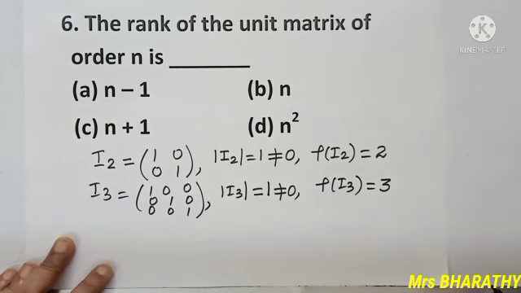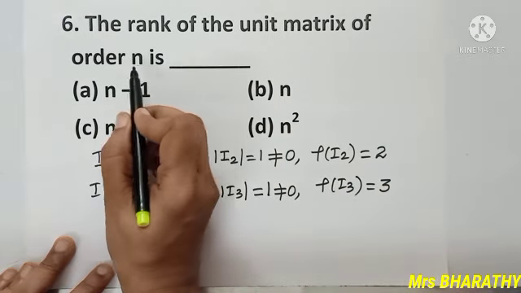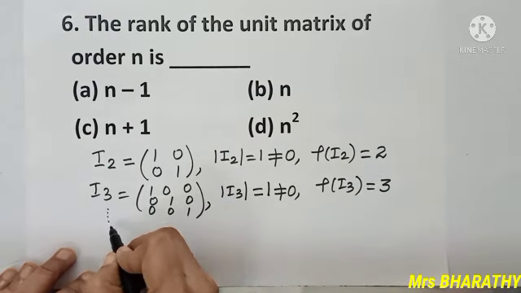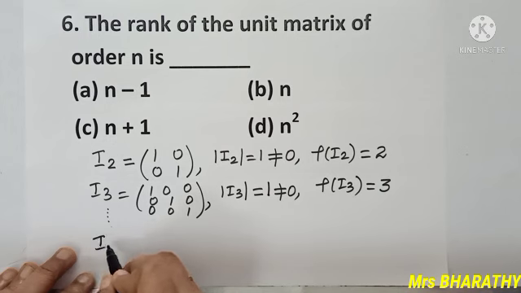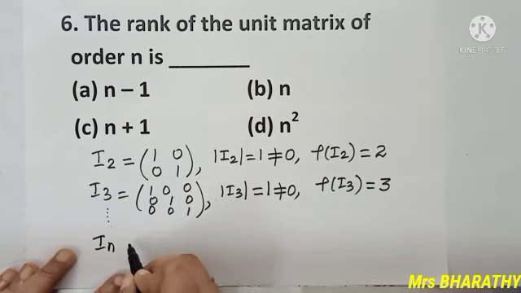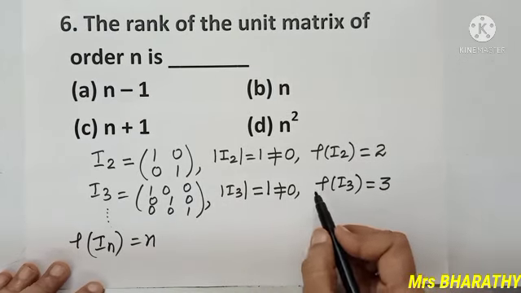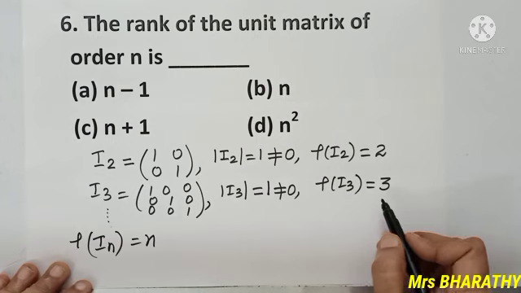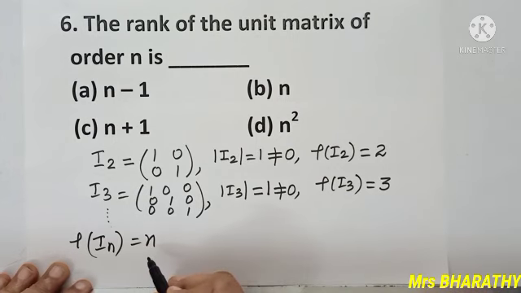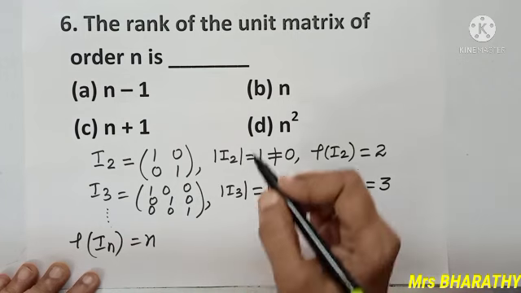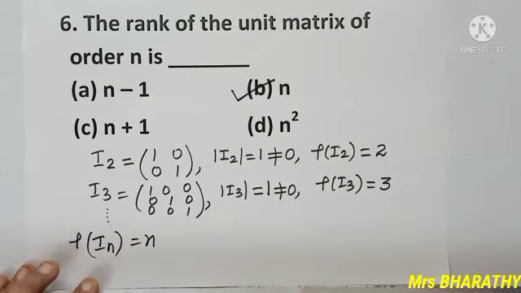Now the question is, matrix of order n. So, and so on, let me put In. The rank is n. When it is I2, the rank is 2. When it is I3, the rank is 3. So, when there are n rows and columns, the rank is n, and so option B is the right choice.